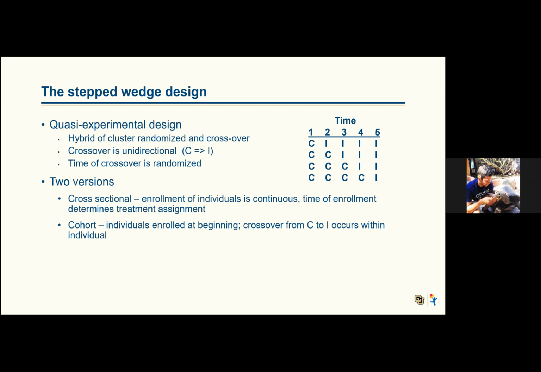One is the one that is most used and the only one I have experience with, and it's the cross-sectional, where the enrollment of individuals is continuous, and the time of the enrollment determines which treatment the individual is assigned to. The second one is a cohort study where all of the individuals are enrolled at the beginning, and the crossover from control to intervention occurs within the individual.